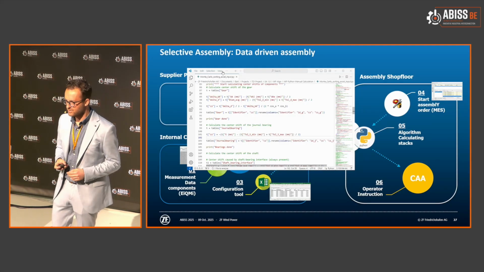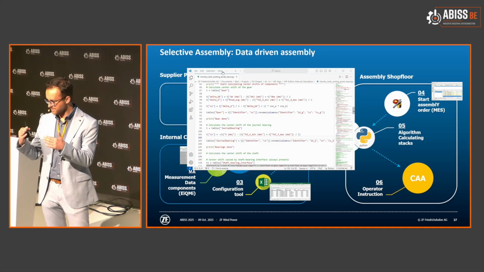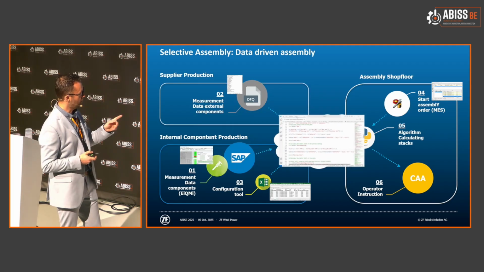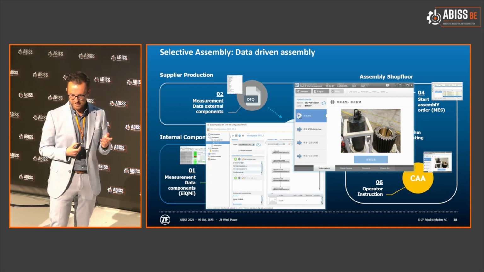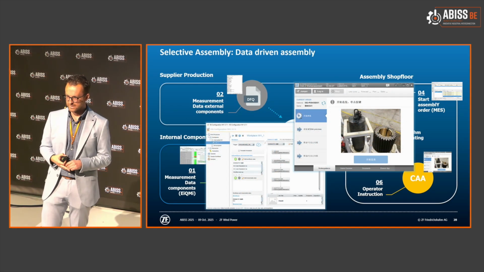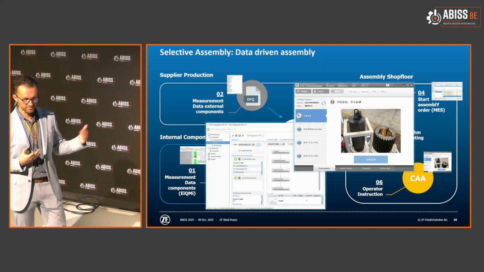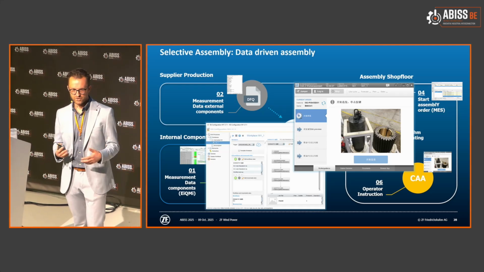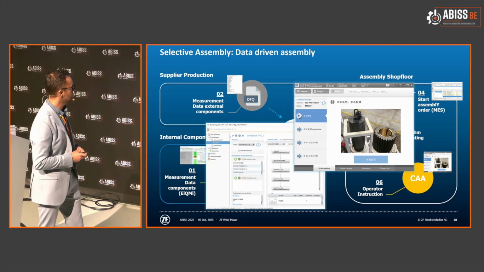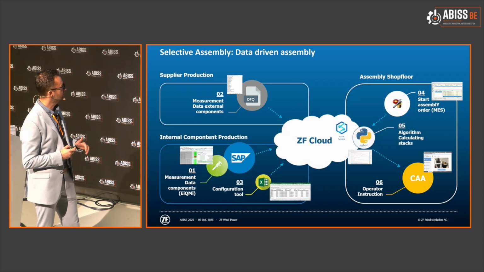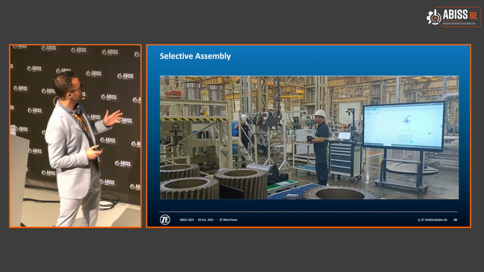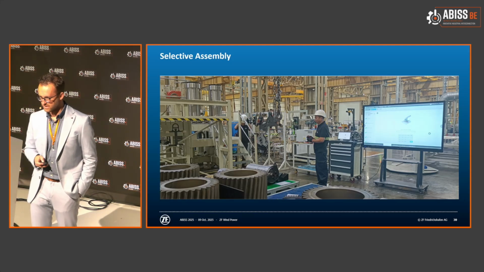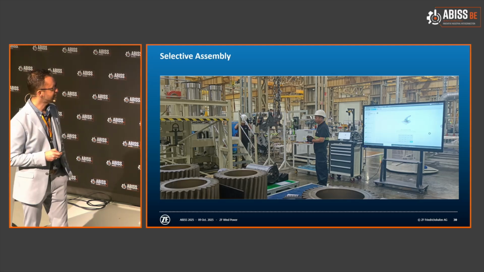The Monte Carlo simulation, if you want to know, to get to the optimal combination, and this is then fed back to the operator in our CAA system, or operator guidance system, such that the assembly operator now had to just follow the instruction, and we would end up with a planet carrier with a more even load distribution. Last picture I have is just what it looks like now in comparison to the picture in the beginning.